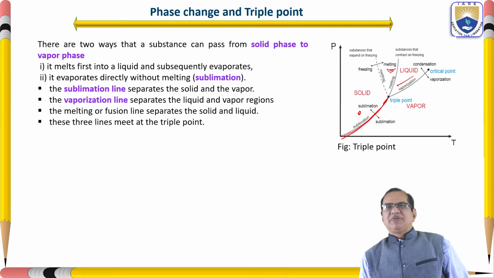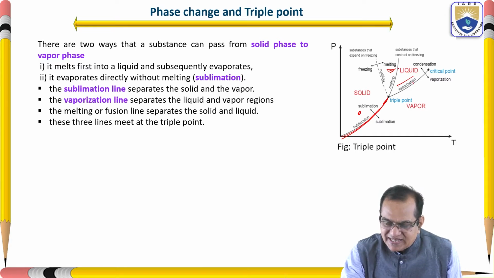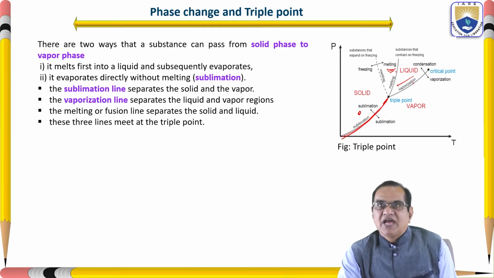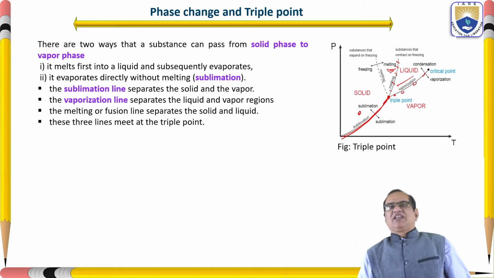These three lines meet at the triple point. The vaporization line, the melting line, and the sublimation line meet at a point, and this point is called the triple point.